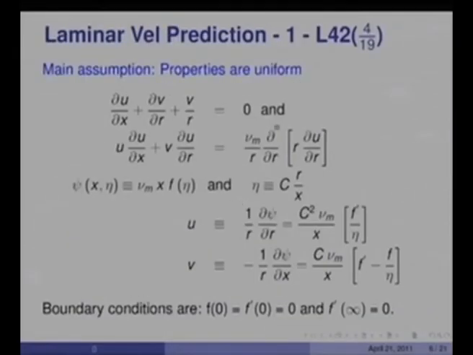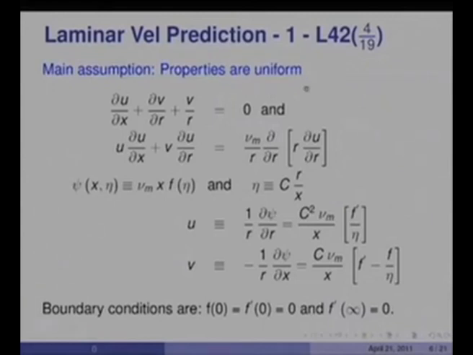First of all, let us solve the velocity problem, and we are going to make a very drastic assumption. We are going to say that the properties of the mixture inside the flame zone are constant, so properties are uniform.